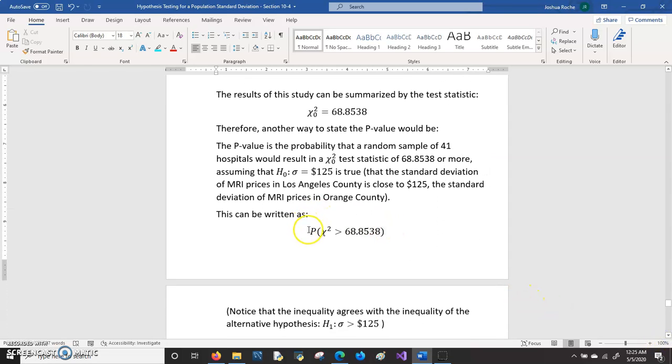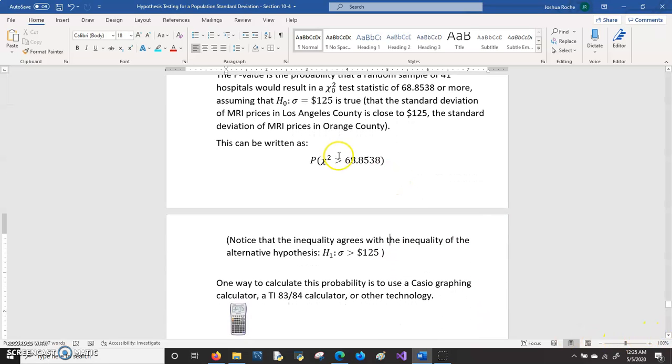And we can write that as the probability that you get a chi-squared value of greater than 68.8538. Notice again that this greater than inequality matches the greater than inequality of the alternative hypothesis.